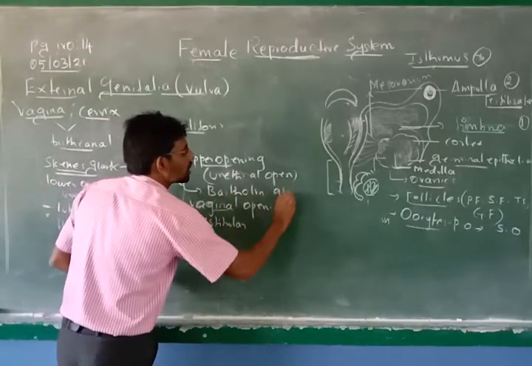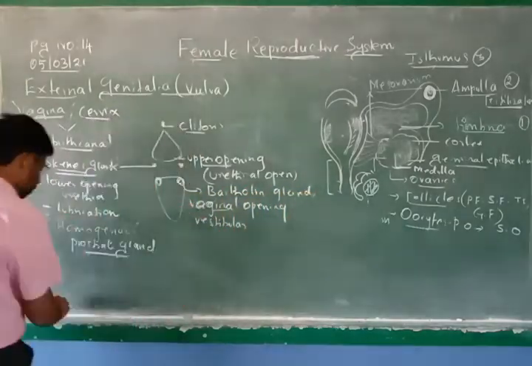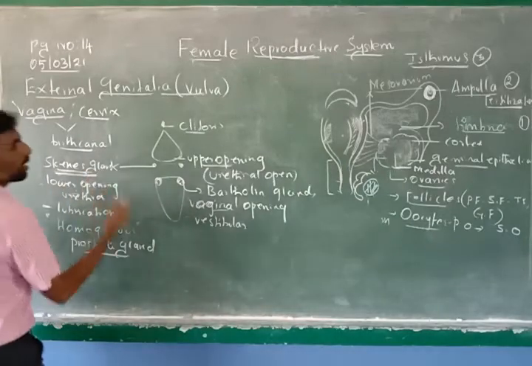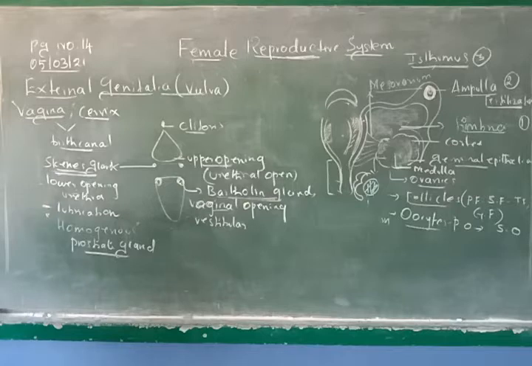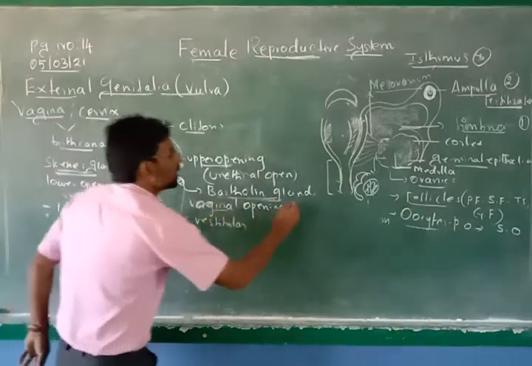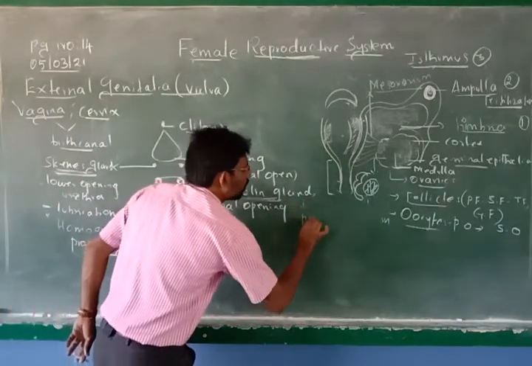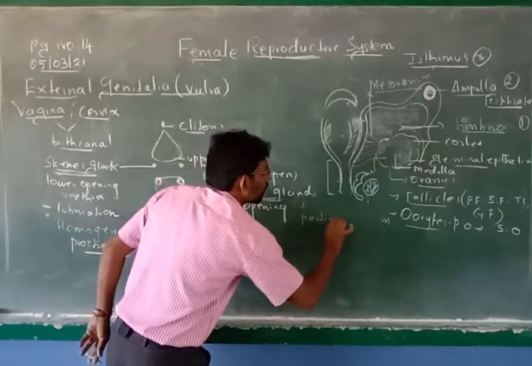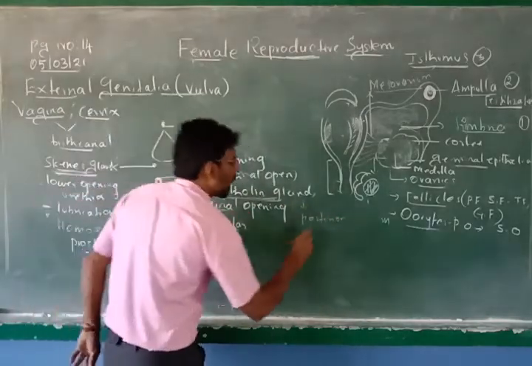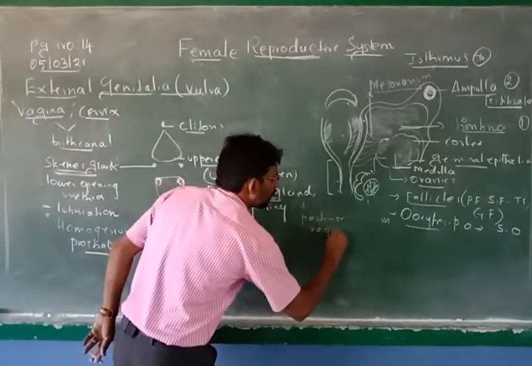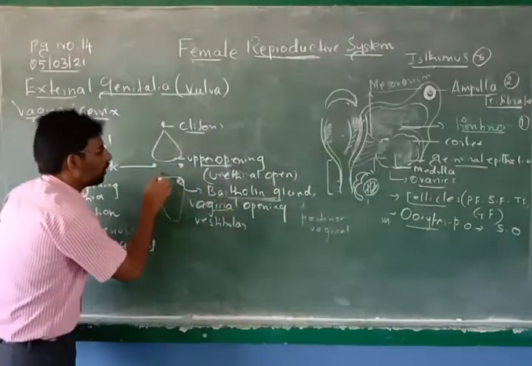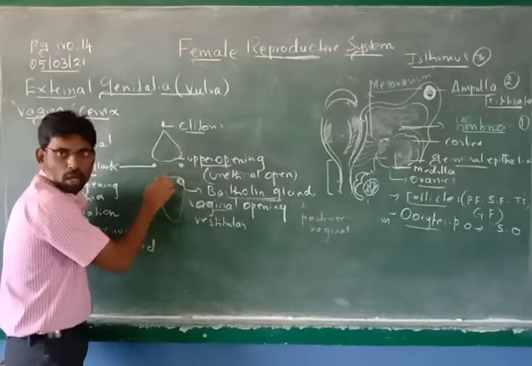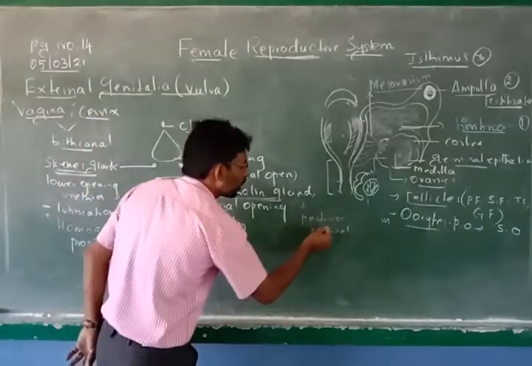This is called the Bartholin's gland. So two glands we talked about: one is Skene's gland, and another is Bartholin's gland. Where is this Bartholin's gland present? It is present on the posterior part of the vaginal opening, or otherwise the posterior part of the vestibular area.